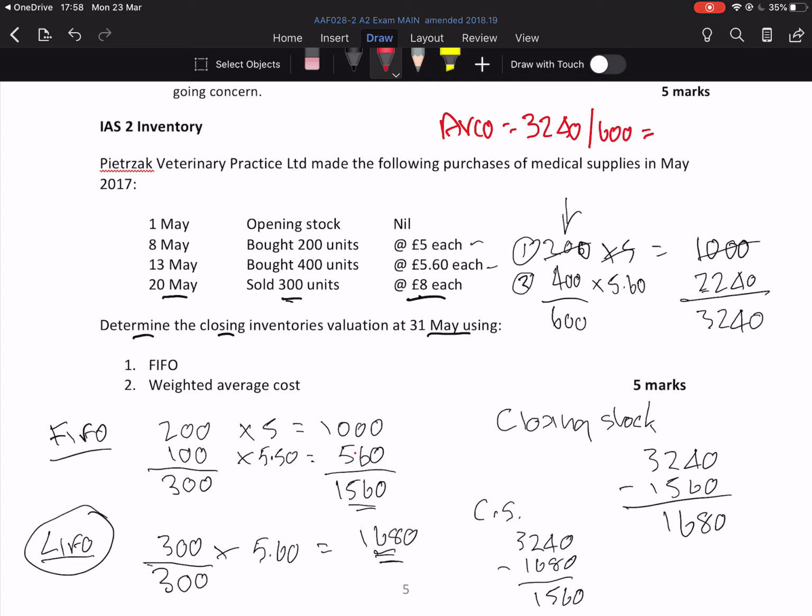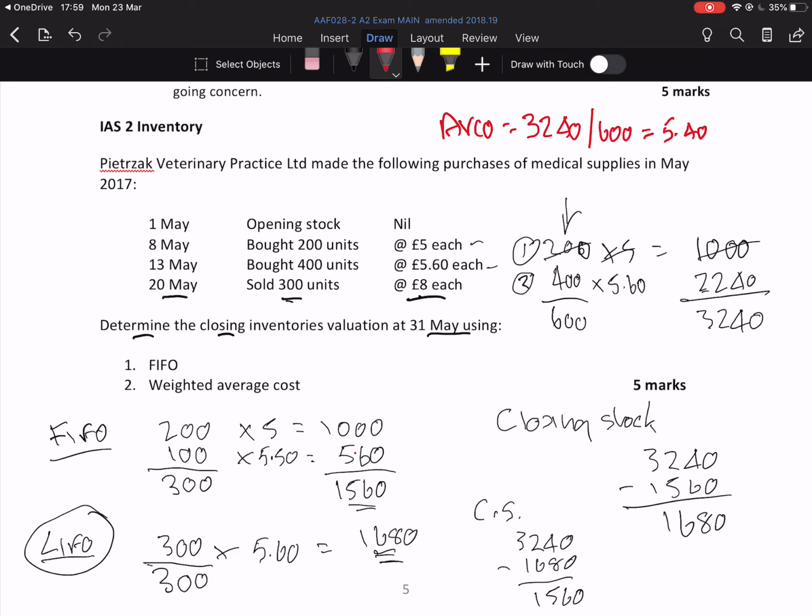So that gives us an average figure, so 3,240 divided by 600 is £5.40. So the average cost was £5.40.